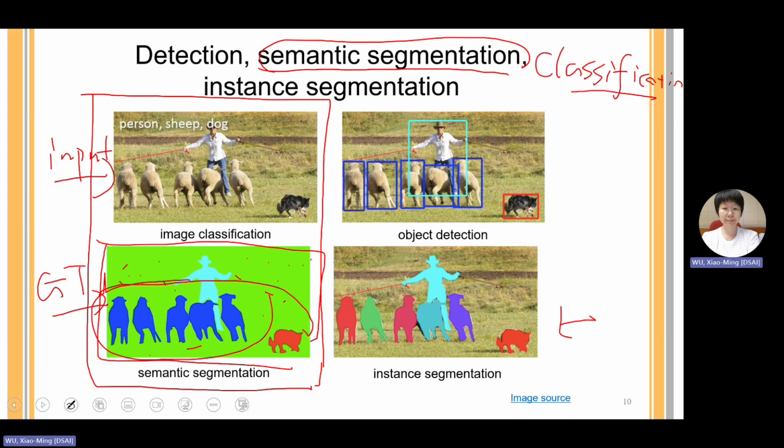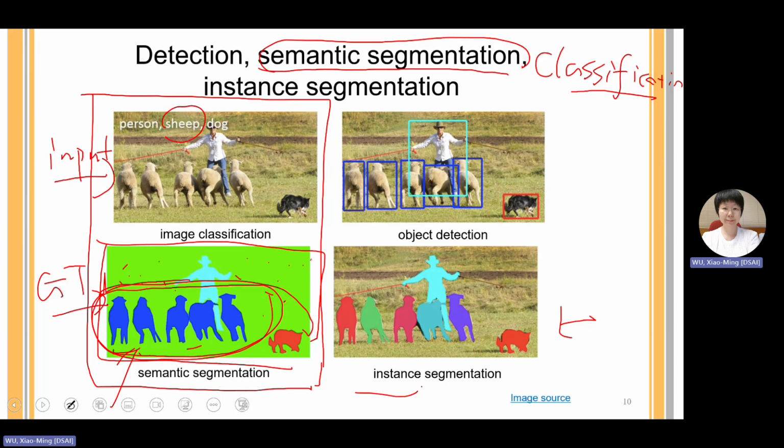It doesn't distinguish the 5 sheep within the image, because the 5 sheep all belong to the sheep category.